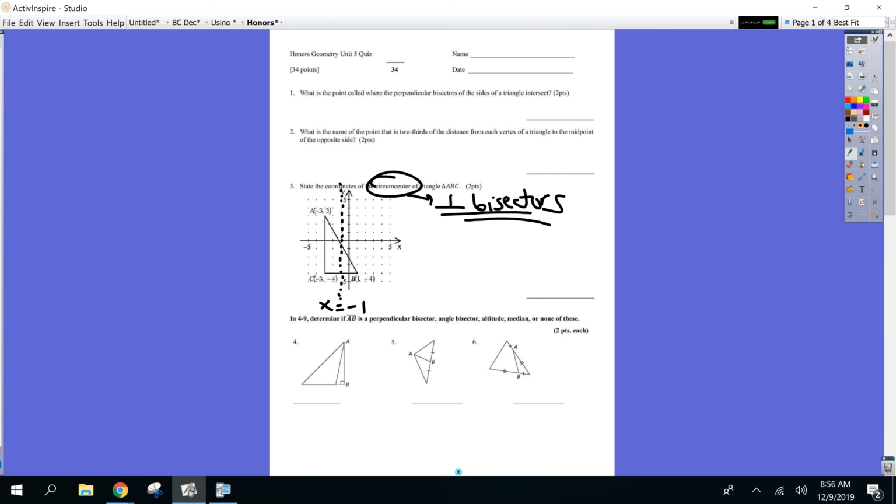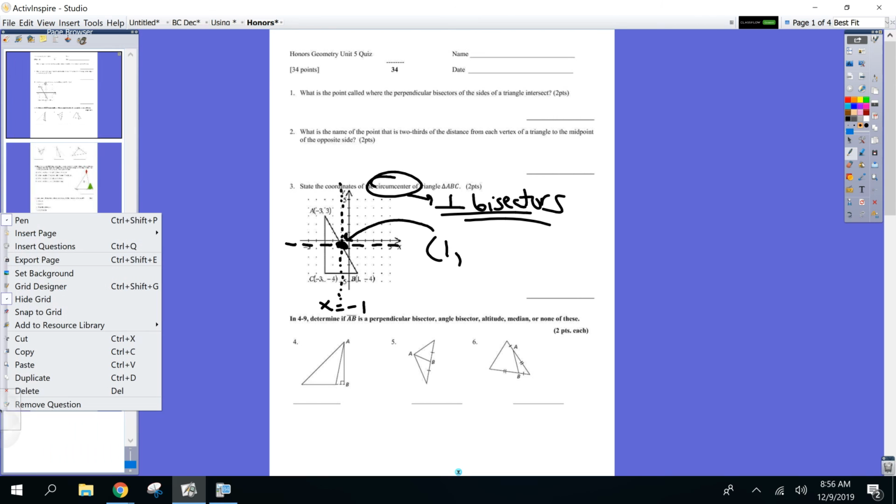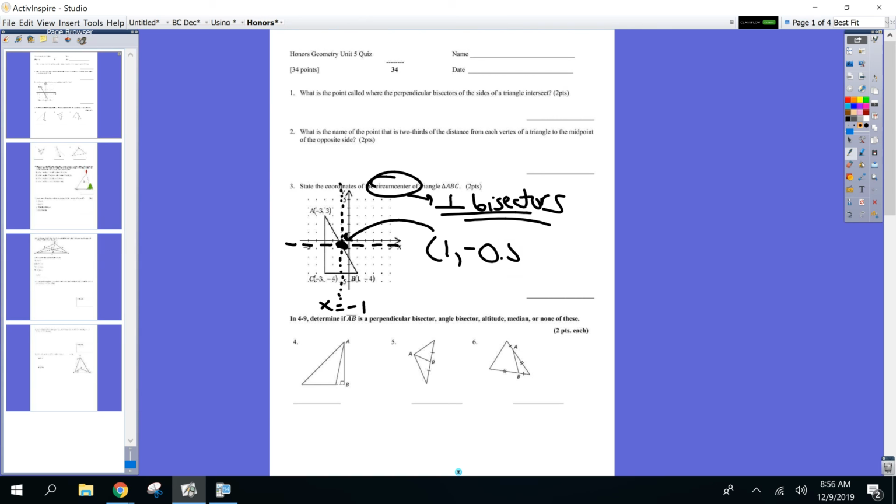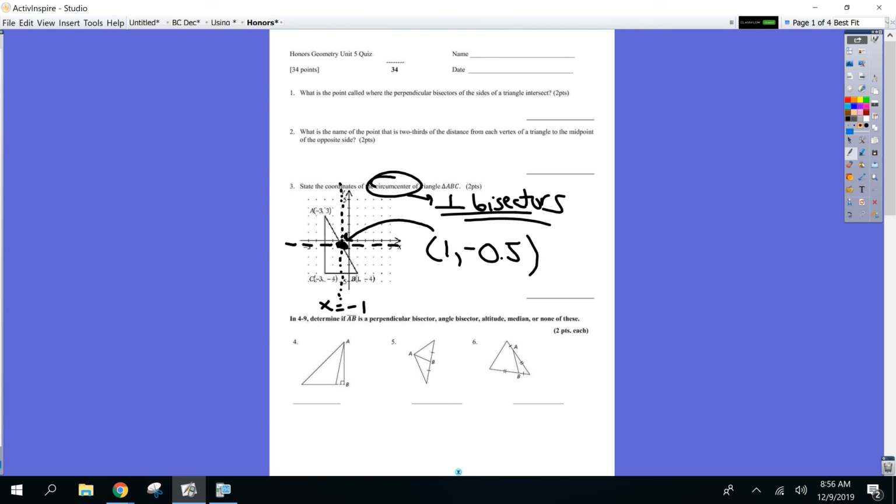So if you go 3.5, you're right here, in between 0 and -1. That point right there is the circumcenter. We already found the x-coordinate is 1. The y-coordinate was halfway between 0 and -1, so it had to be -1/2 or -0.5. You had the distance of 7, so the bisector's got to be 3.5 away from each.